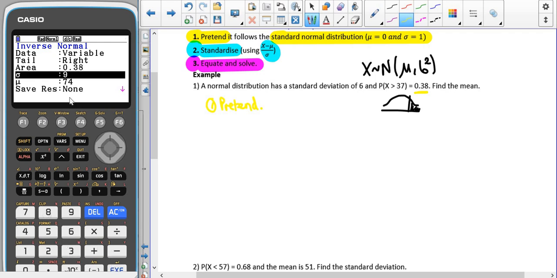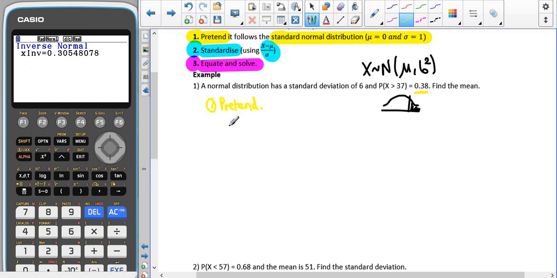However, because we're pretending it's the standard normal, we're going to put our standard deviation as 1 and our mean as 0. And that gives us 0.30548078. I am going to do a further calculation with this, so I'm not going to round it at this point. I'm going to keep the whole number. So then step 2 is to standardise.